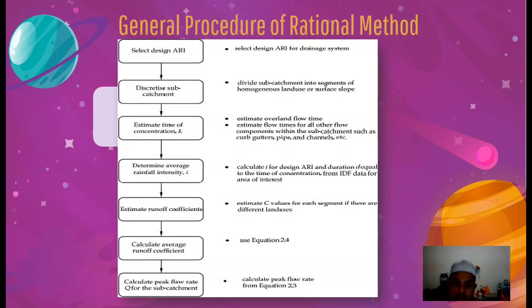After that, we determine the average rainfall intensity, which is I. We calculate I for design ARI and duration equal to the time of concentration. After that, we estimate runoff coefficient, where we estimate C values for each segment if they are different. Next, we calculate average runoff coefficient by using equation 2.4 from MASMA. And lastly, we calculate peak flow rate, which is Q, for the subcatchment, from equation 2.3.